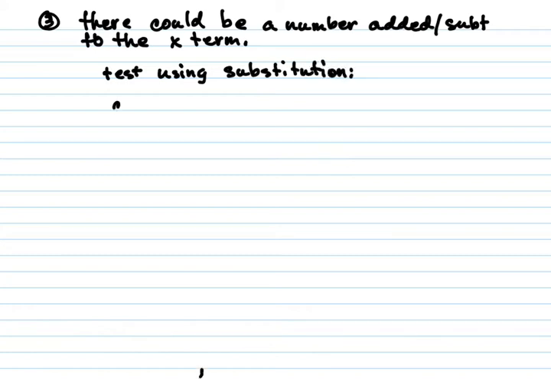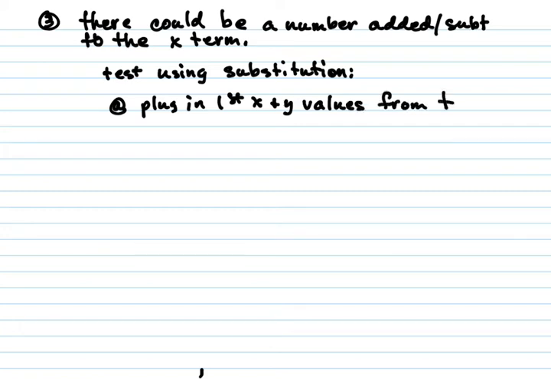So let's talk about how that works. The first thing, plug in the first x and y values from your chart or your table. Okay? So whatever x is, you'll put it in place of x.